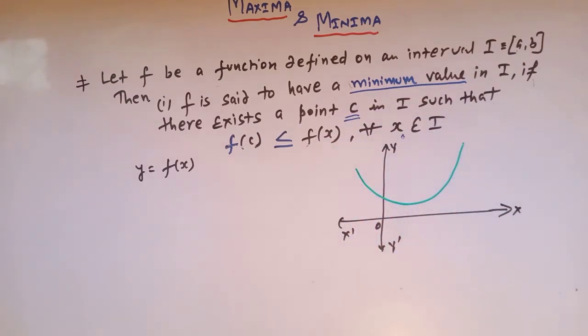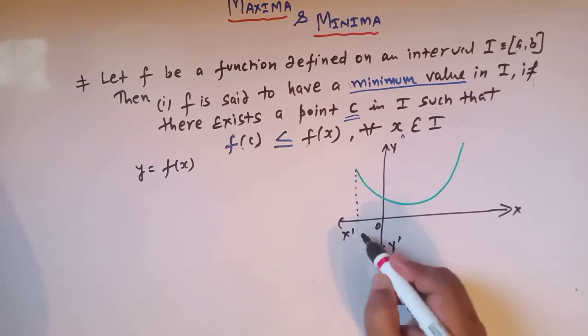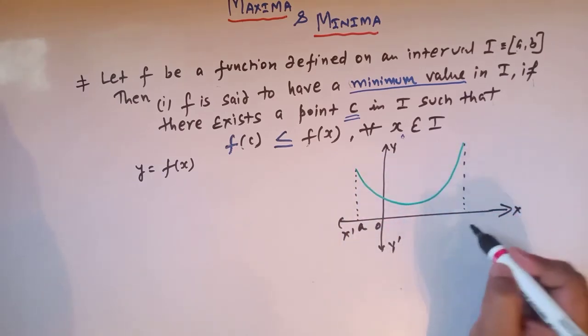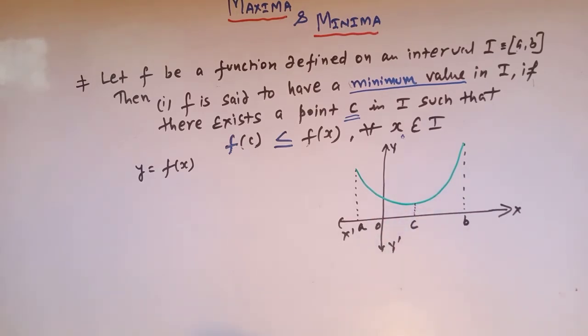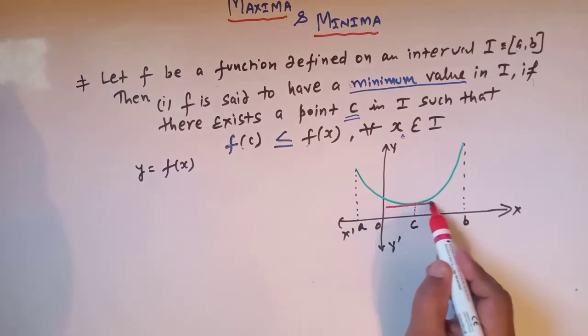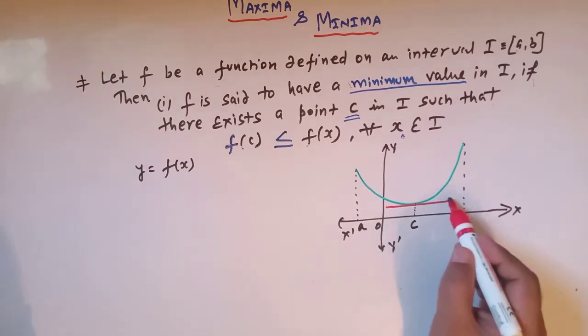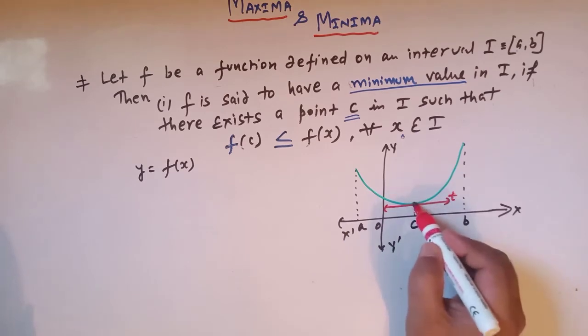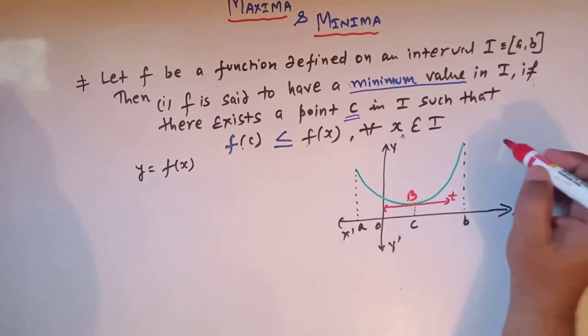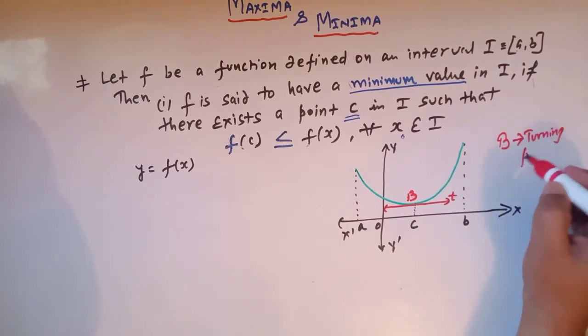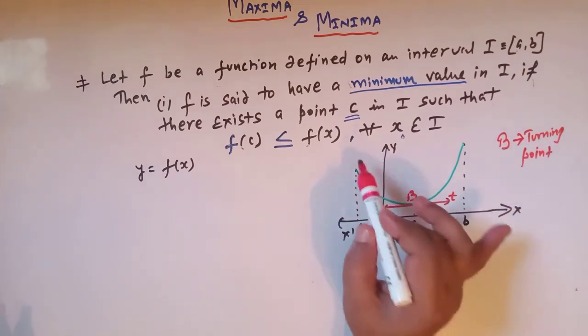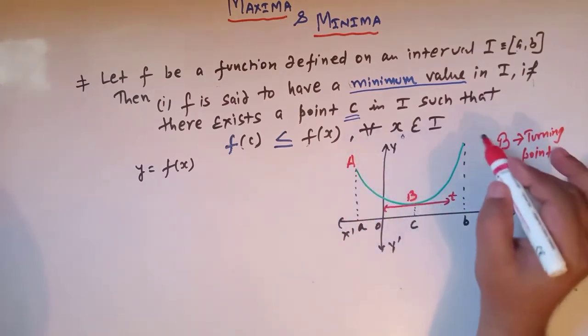If this is A and this is B, then say this point is C. If we draw a tangent here, this is the tangent line, and this point B is the turning point.